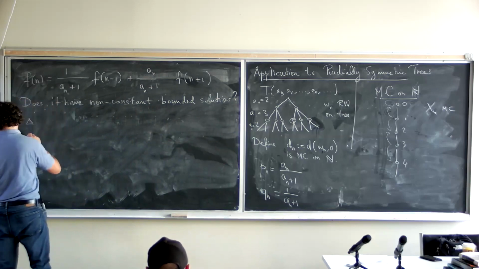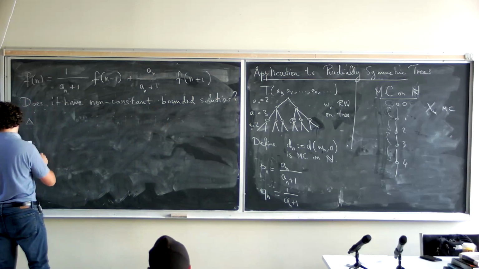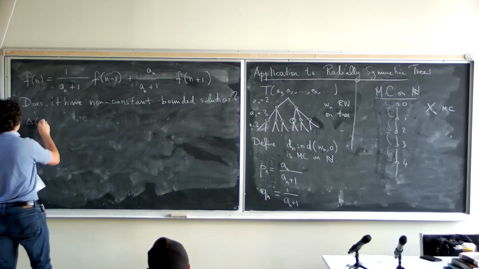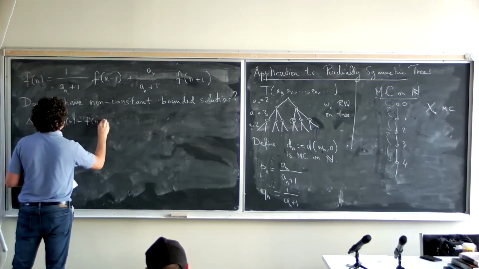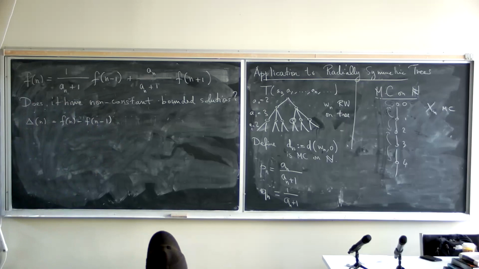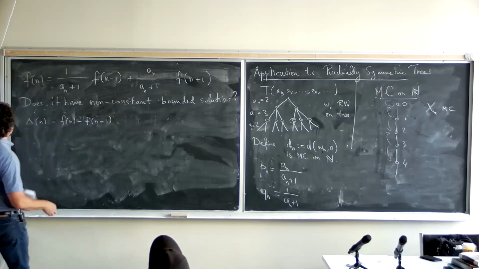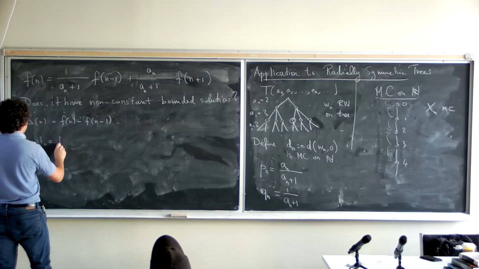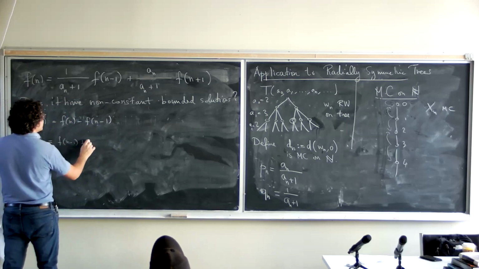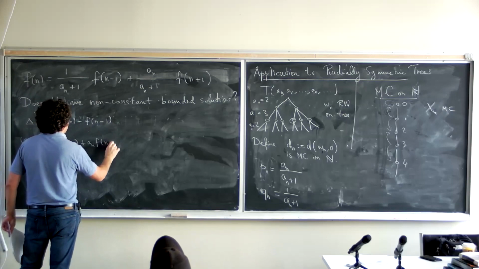You consider delta n to be f of n minus f of n minus 1. And then we just have to rewrite that in the appropriate way, right? So this is An plus 1 times fn equals f of n minus 1 plus An times f of n plus 1.